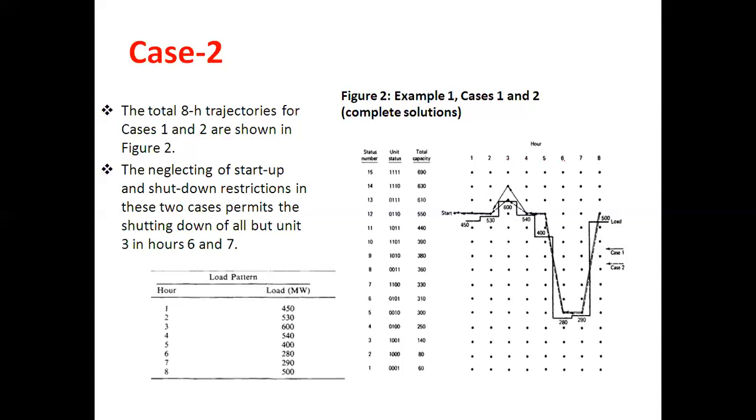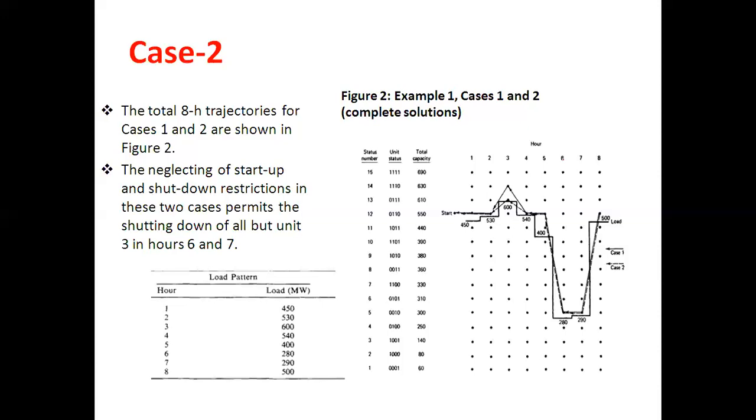So at hour 6 it will be shut down, and it has to remain shut down for 4 hours because its minimum downtime is 4 hours. So it is clear that for the 8-hour load pattern, it remains shut down. We cannot bring the unit back before 4 hours.